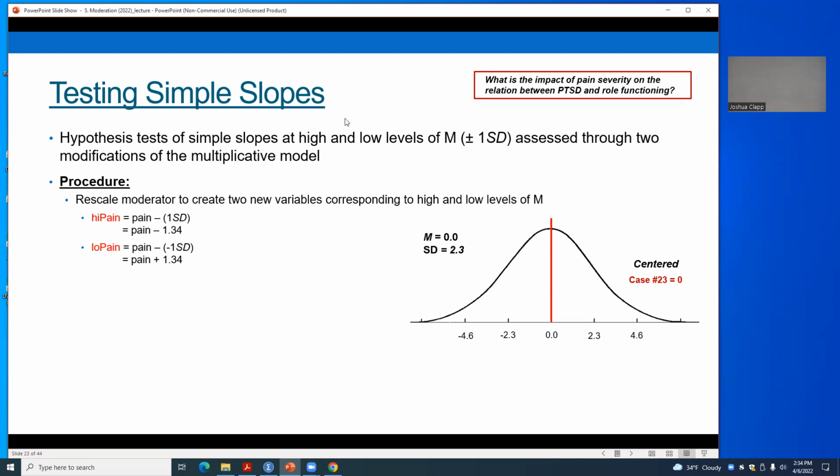But let's say we take this distribution and subtract a standard deviation from everybody's scores to recenter our moderator at high levels of pain, okay?